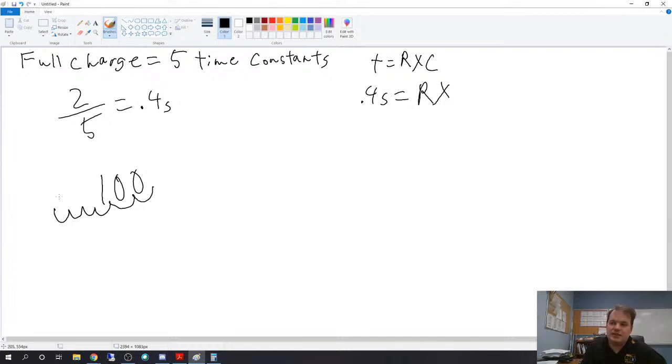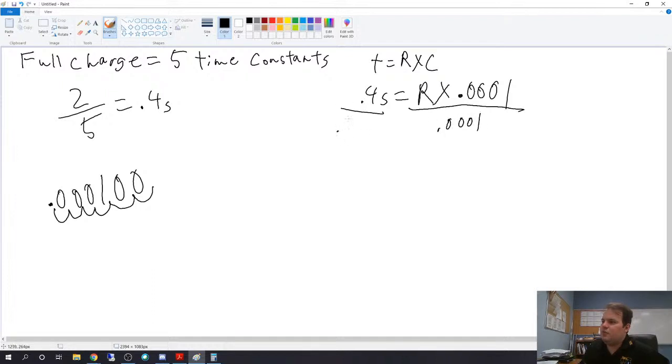Micro is minus 6. So 0.0001. Now to get R by itself, we're going to divide by 0.0001 on both sides.